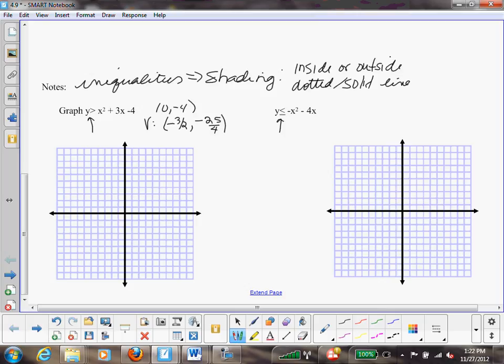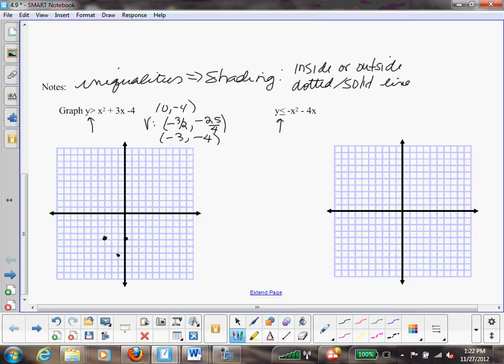And then the reflection point was -3, comma, -4. Is that right? I'm doing this from memory. So -4, 1, 2, 3, 4, 0, 3, 0, and what did we say this was? 6 1/4. So right here. Now, is this going to be dotted or solid?